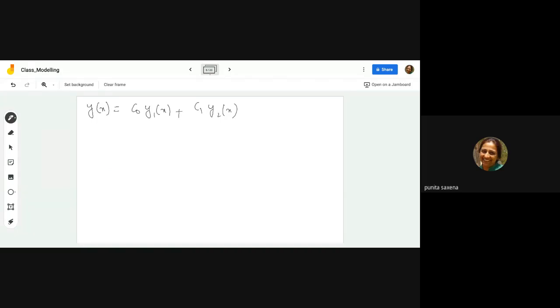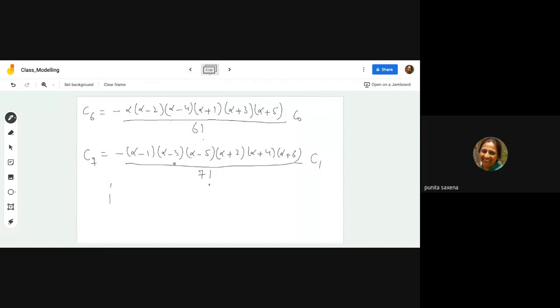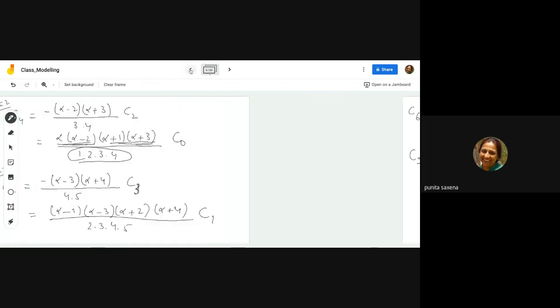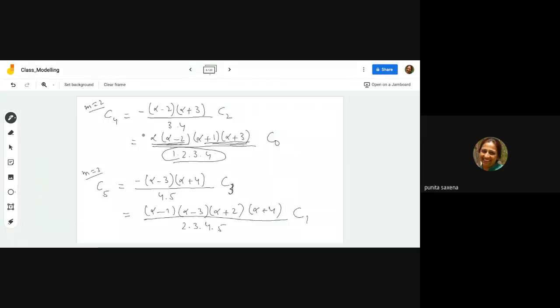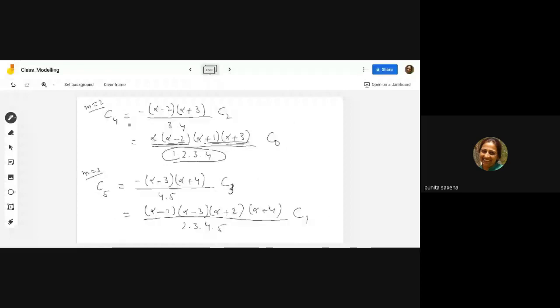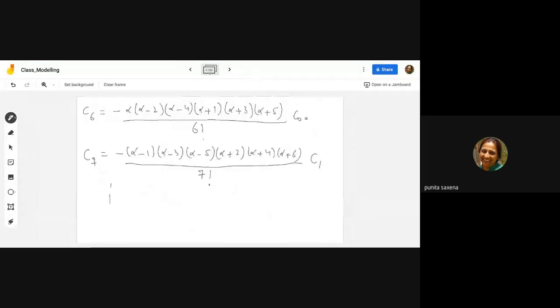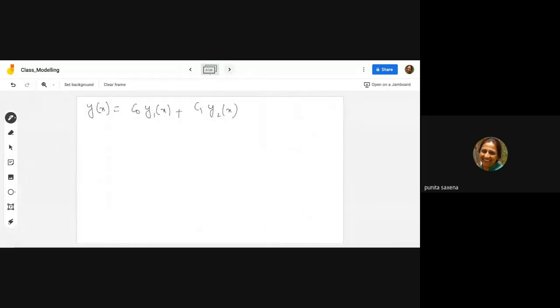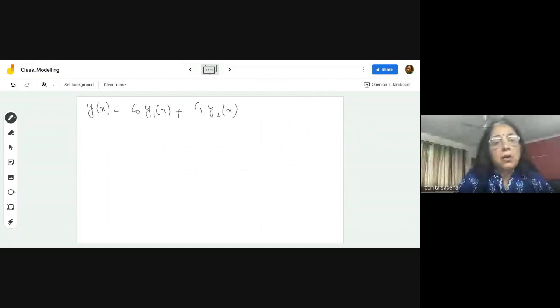Right. Then again, I observe that with C0, I have all even terms. See, starting from here, C2 is in terms of C0, C4 is in terms of C0, C6 is in terms of C0. So that means starting with C0, I'm going to get all my even terms, and starting with C1, I'm going to get all my odd terms.